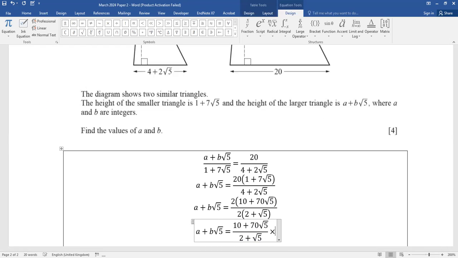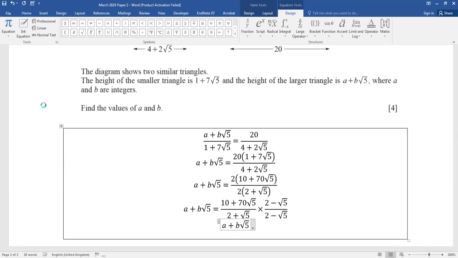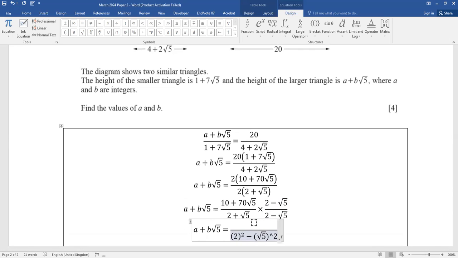So now I'll multiply by the conjugate of the denominator, 2 minus square root of 5. So a plus b root 5 means that the denominator will be a squared minus b squared.